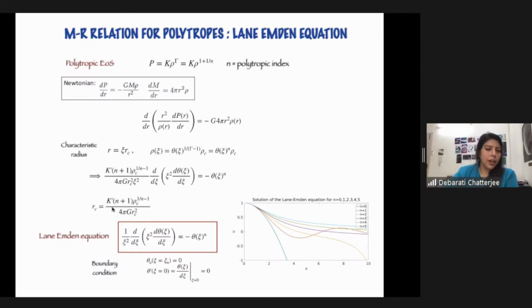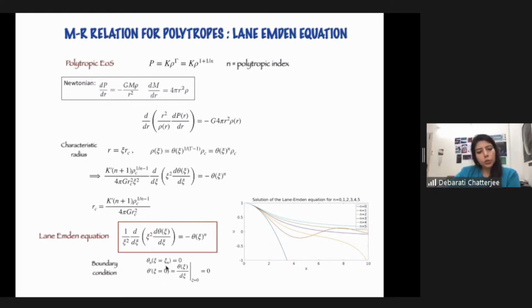Once we define r_c like this, we can eliminate a number of terms and are left with a simple mathematical relation. This is commonly called the Lane-Emden equation, subject to the boundary conditions given here: theta_n vanishes at zeta equal to zeta_n, and theta prime is 0 at zeta equal to 0.